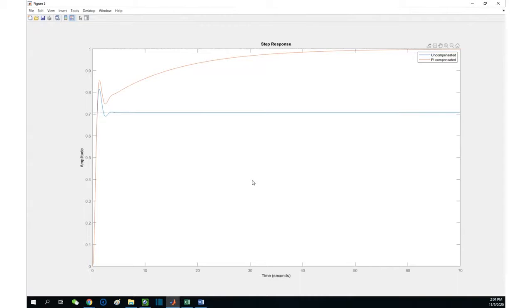So the PI is not changing the dynamics a lot, especially since you are placing your zero close to the origin. You're not helping the transient very much. That's exactly why we are going to learn what? PD. Does it make sense?